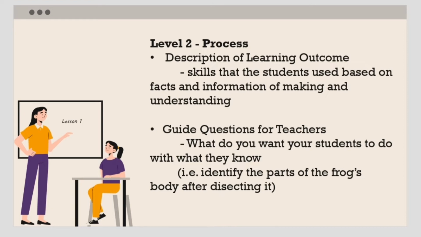So in assessing this level of learning outcomes, we think of what you want your students to do with what they know. Ano yung gusto mong gawin ng mga estudyante mo about doon naman sa nalaman nila.